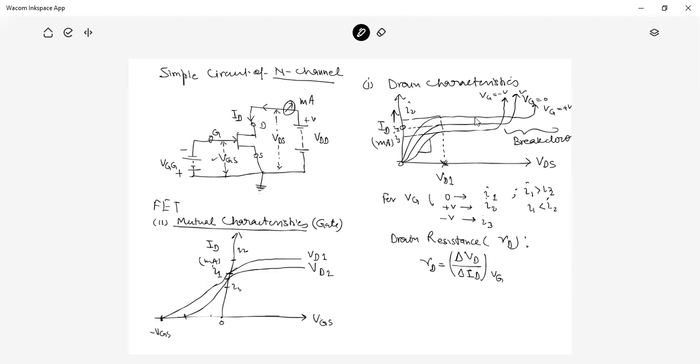And from this mutual characteristic, we can calculate the mutual conductance.